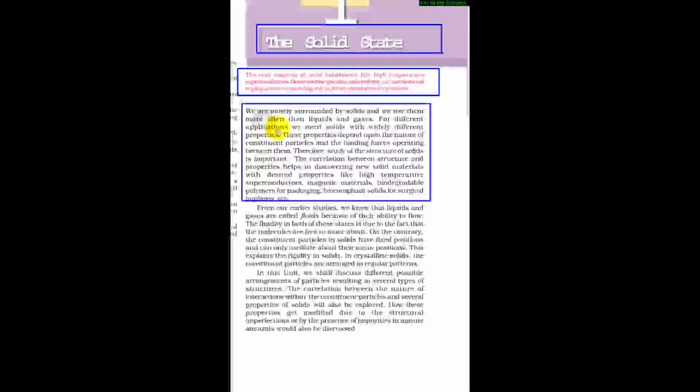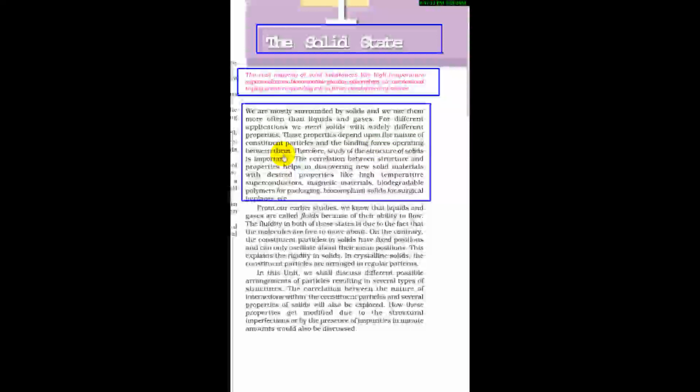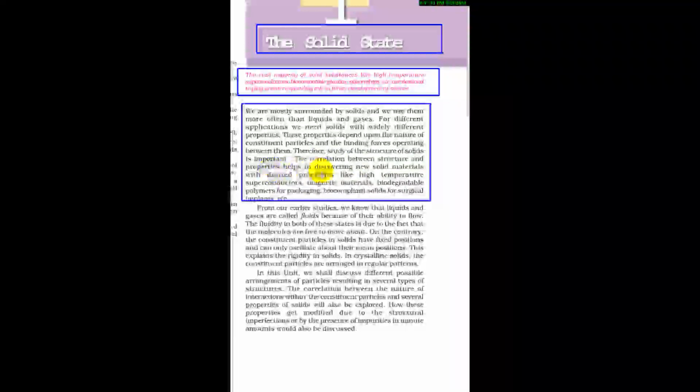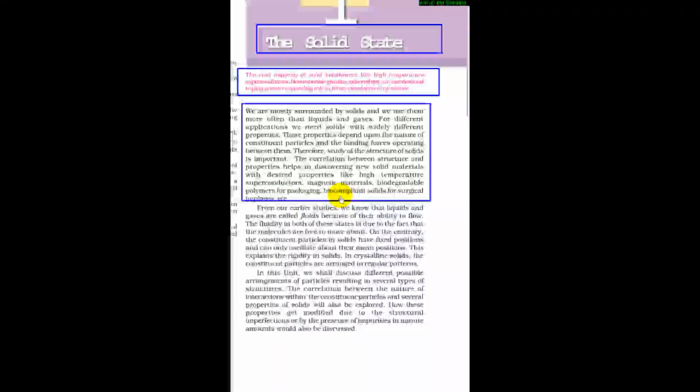For different applications, we need solids with widely different properties. Those properties depend upon the nature of constituent particles and the binding force operating between them. Therefore, the study of the structure of solids is important. The correlations between structure and properties help in discovering new solid materials with desired properties like high temperature superconductors, magnetic materials, biodegradable polymers for packaging, or biocompatible solids for surgical applications, etc.